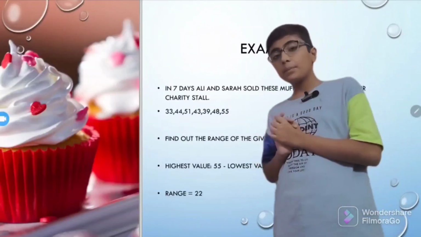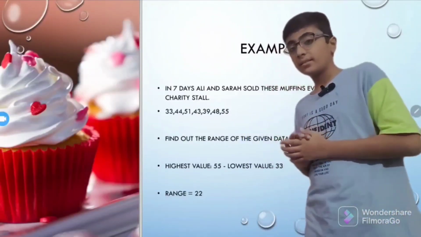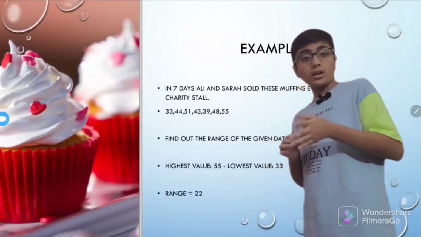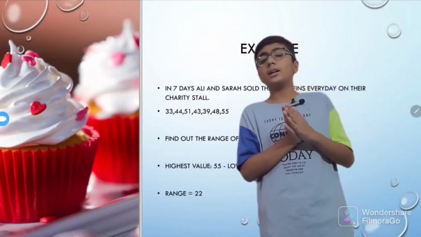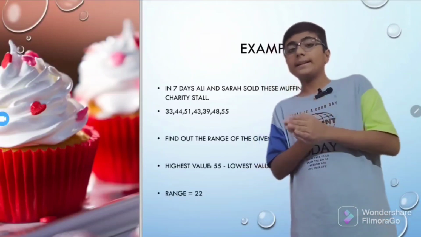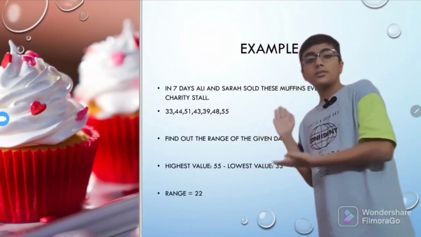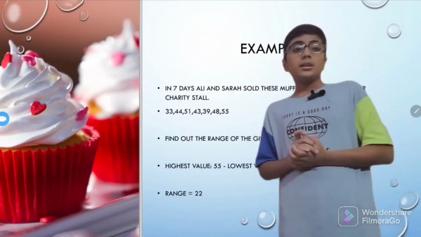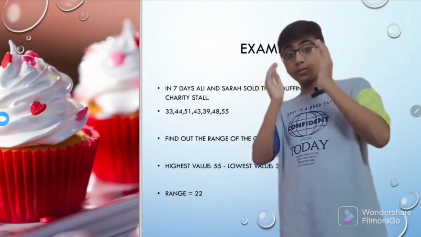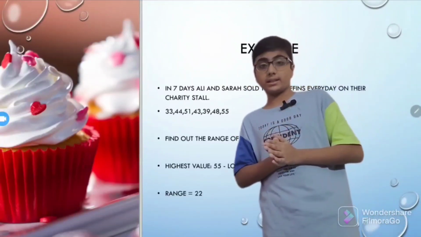In the given example question, it says that Ali and Sarah had set up a charity stall for a week. The following data represents the number of muffins they sold every day in the week.